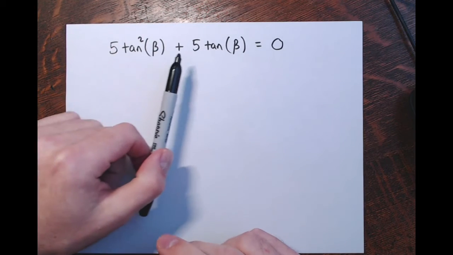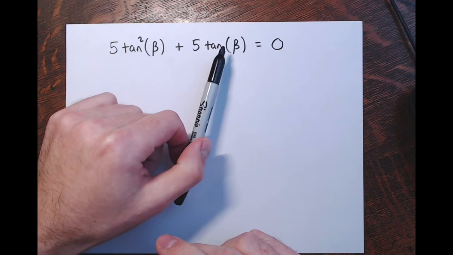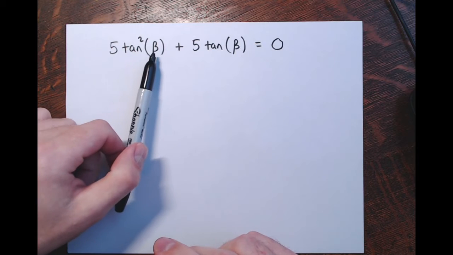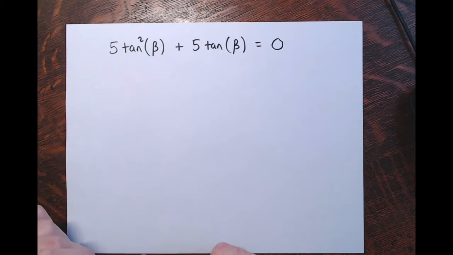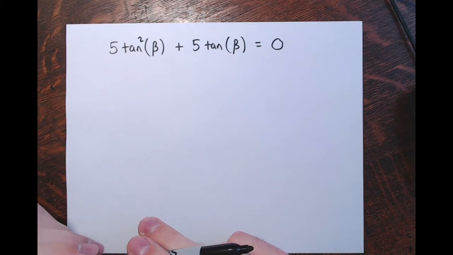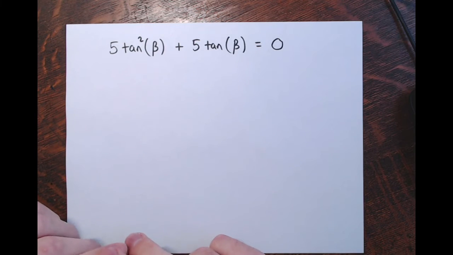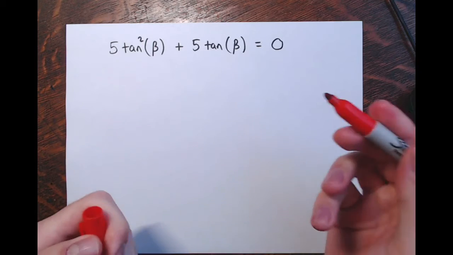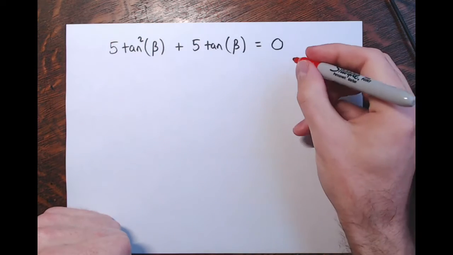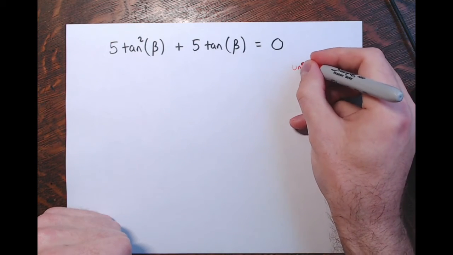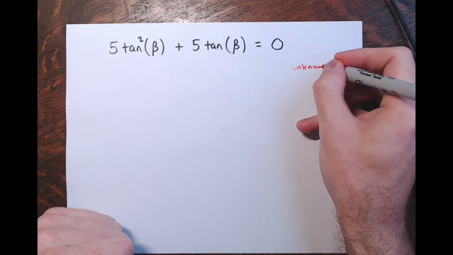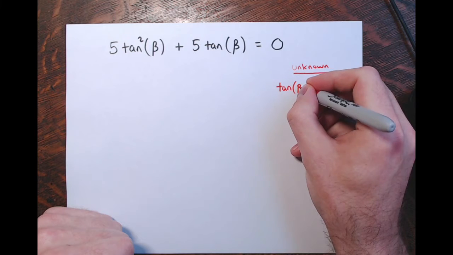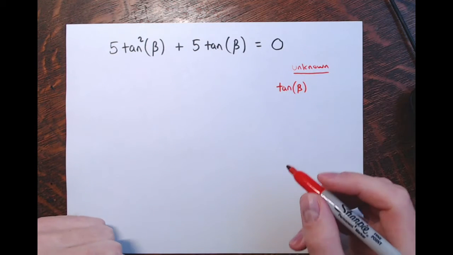This is like a quadratic expression, where the highest power of the unknown, the tangent of beta, is 2. I mentioned this last video as well: to save some writing, our unknown here is the tangent of beta, and we'll eventually be solving for beta.